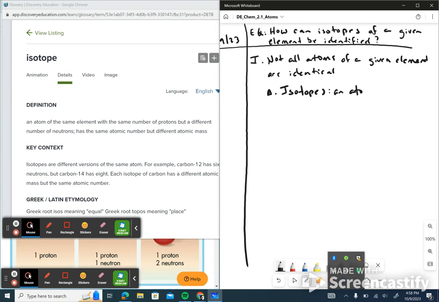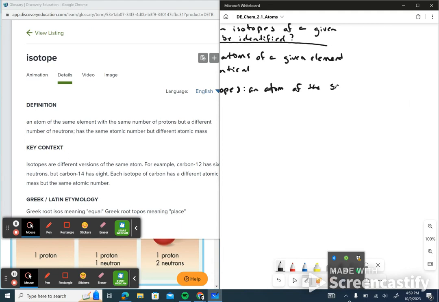An atom of the same element with the same number of protons but a different number of neutrons.